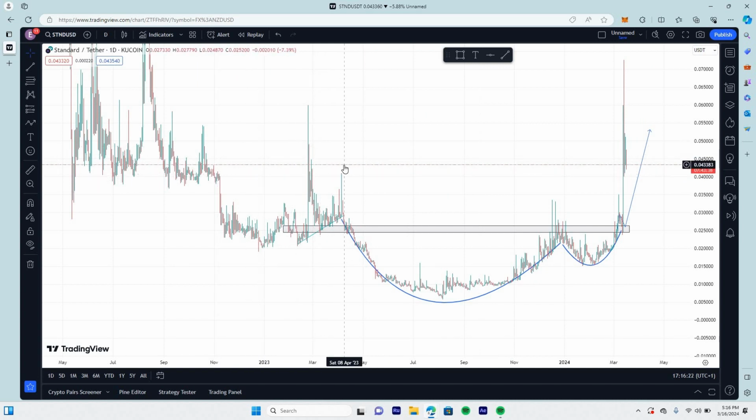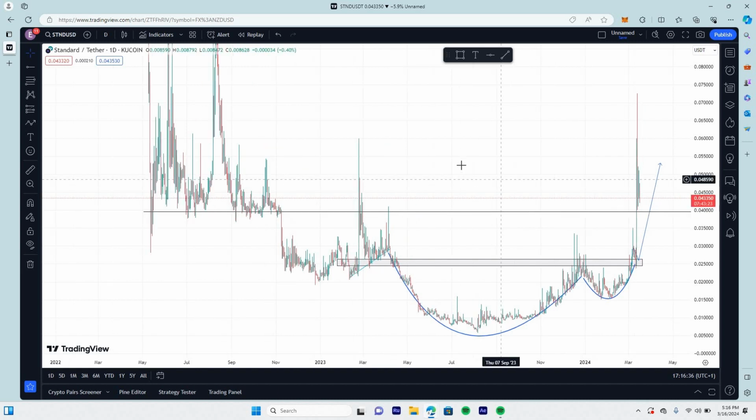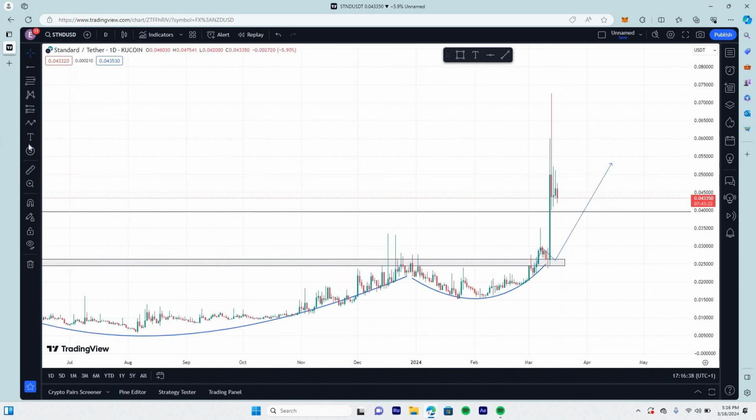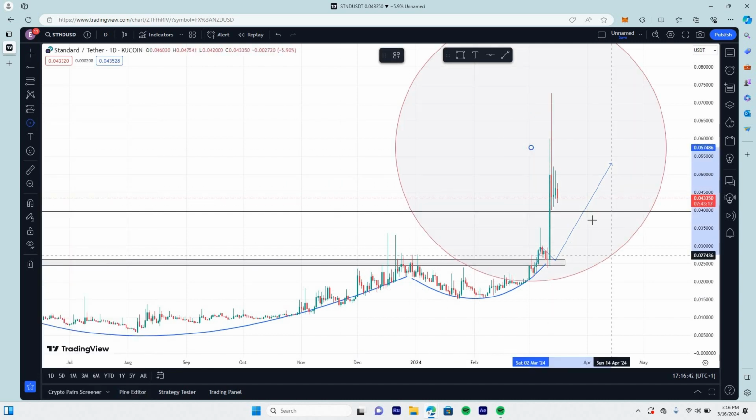Price is somewhere around here, and if we look at previous price movements, we see a very strong support zone here. So I'm just going to draw that and look into a shorter time frame at what we could expect from the current movements where price is now.